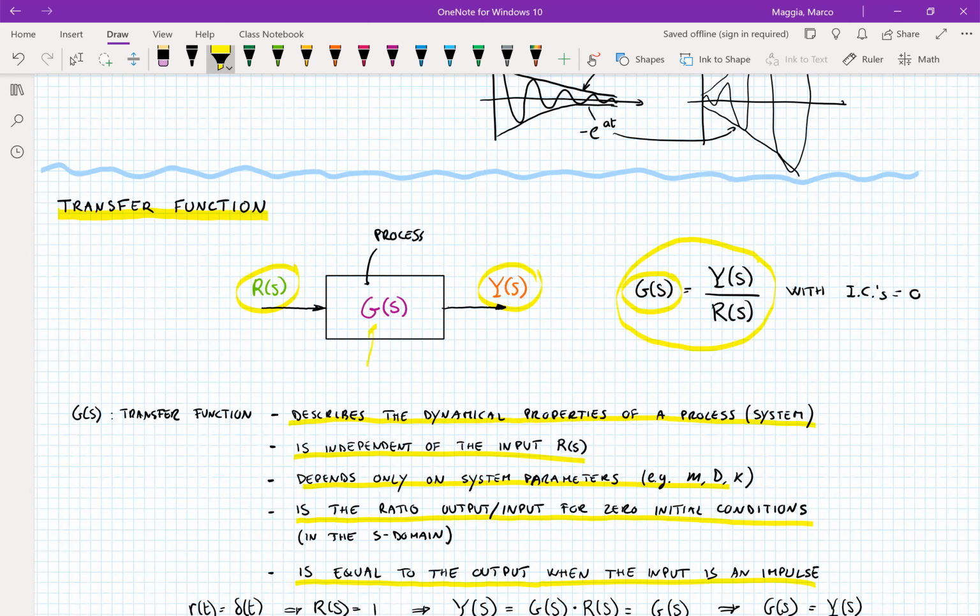Think about the example of the mass damper spring. The output is the position of the mass, which is measured in meters. And the input, as for how we defined the system, was the external force.